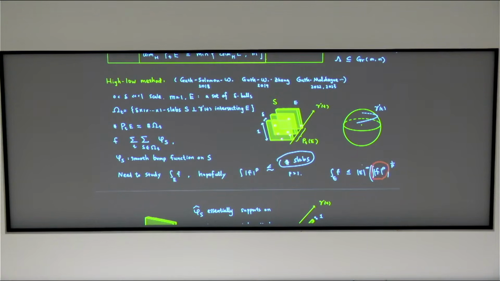And if this is bounded by something about the number of slabs, then in the end we can show that the number of slabs should be large. So this would show that the projection image is large.